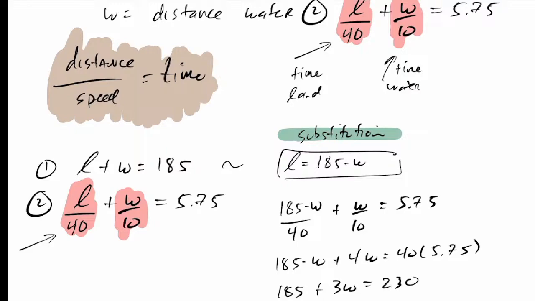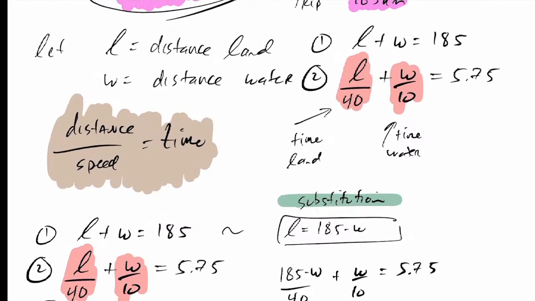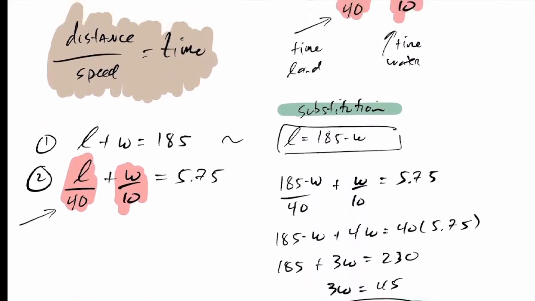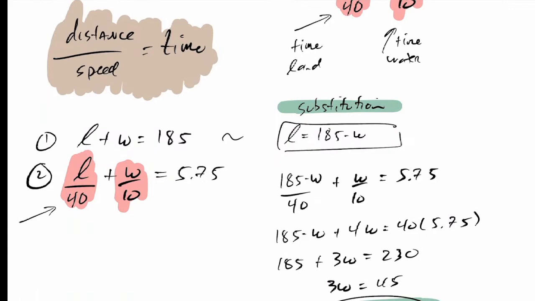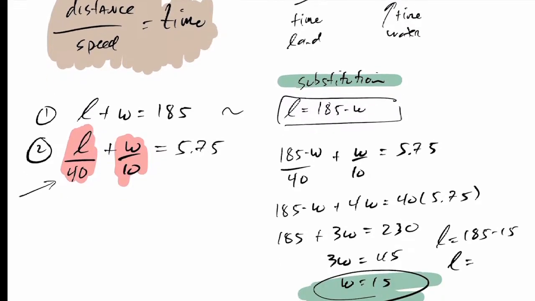So 3W is 45, and I get W is 15 here. So your W is 15. That would be the distance by water, measured in kilometers, so 15 kilometers. And then therefore your distance by land is 185 minus 15, and that gives you 170 here.